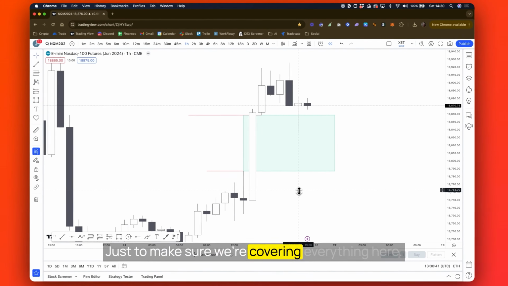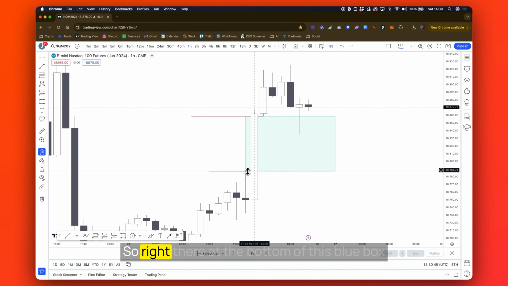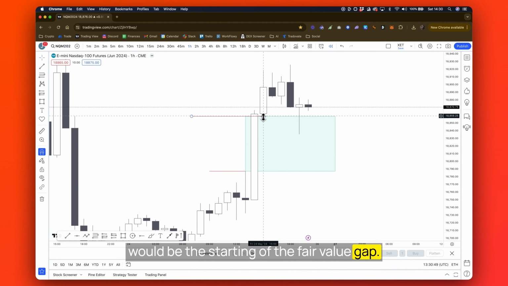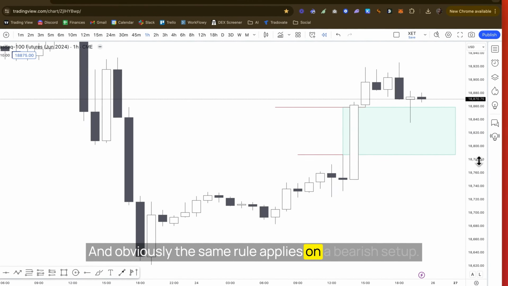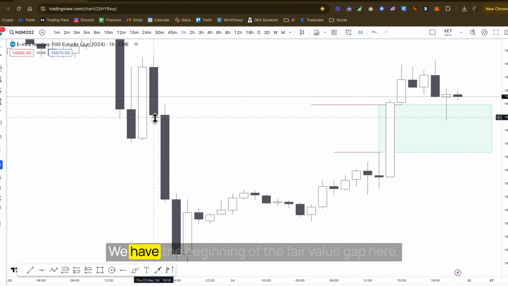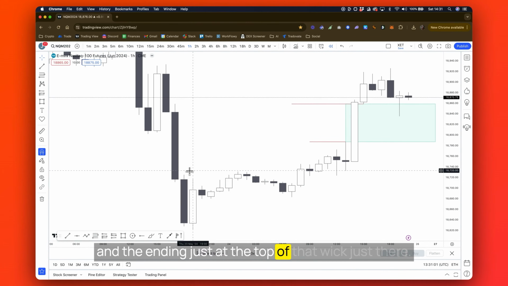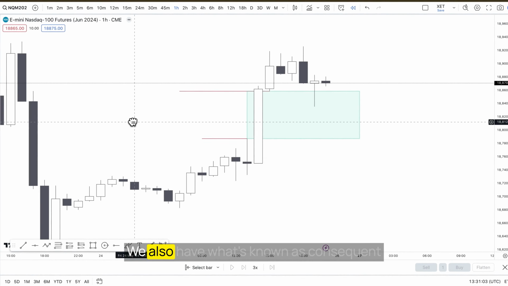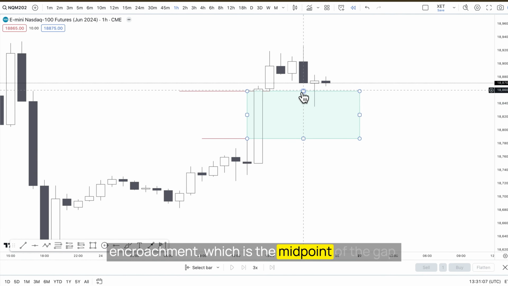Just to make sure we're covering everything here, the start of the fair value gap is where the gap begins. So right there at the bottom of this blue box would be the starting of the fair value gap, and the ending of the fair value gap is when it reaches the bottom of the wick here. And obviously the same rule applies on a bearish setup. We have the beginning of the fair value gap here, and the ending just at the top of that wick just there. We also have what's known as consequent encroachment, which is the midpoint of the gap.